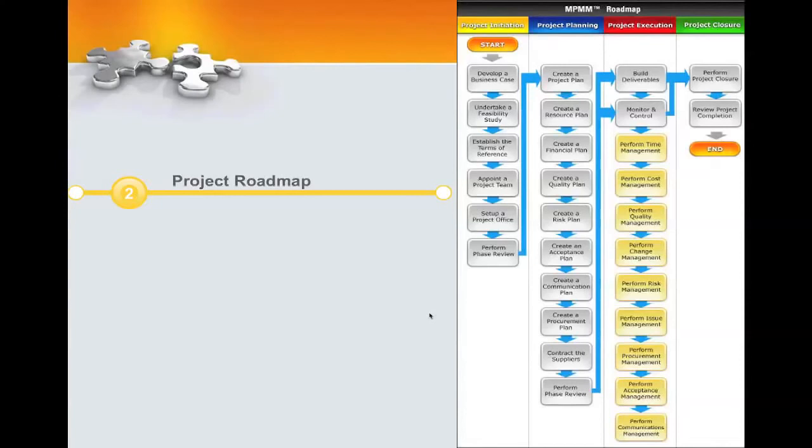The next one is acceptance management. So very important during the project execution and monitoring and controlling phase. Remember, this is the part of the project where deliverables are being produced, whether it's product deliverables or service deliverables. Something's being produced, it's gone through quality management, you've tested it, you've made sure that it's working.